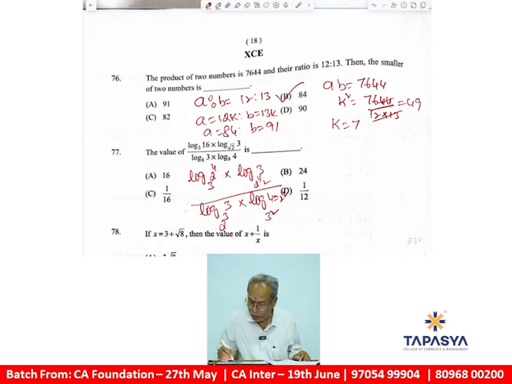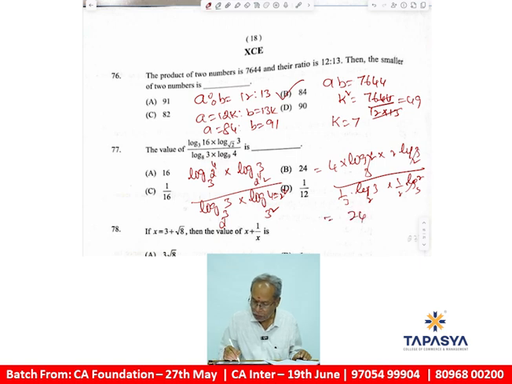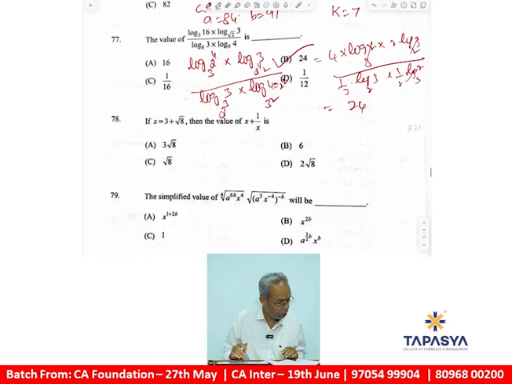Right, simplifying, you will see all terms will cancel here. 4 into log 2 to the base 3, into 2 into log 3 to the base 2. Here it is 1 by 3 into log 3 to the base 2 into 1 by 2 into log 2 to the base 3. Cancelling these terms and simplifying, the answer is 24.